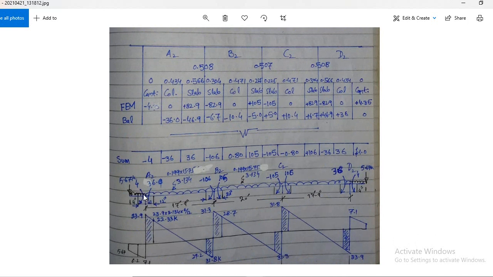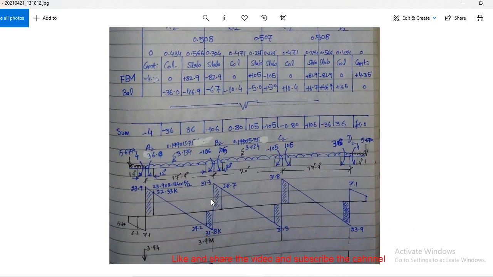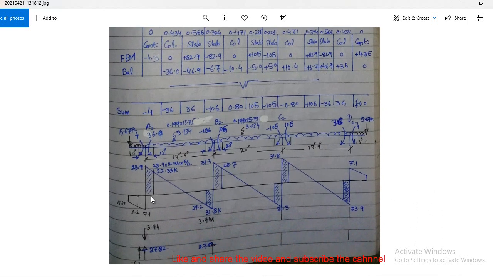So you got the UDL loading for the cantilever portion, and after that you have to draw the shear force diagram. As this is a point load, it will cause this kind of shear right here, and then at the center line of the column it will be 7.1. Clear?